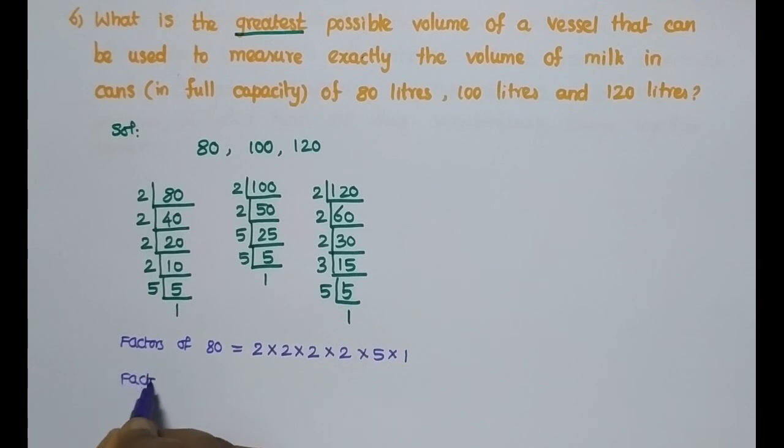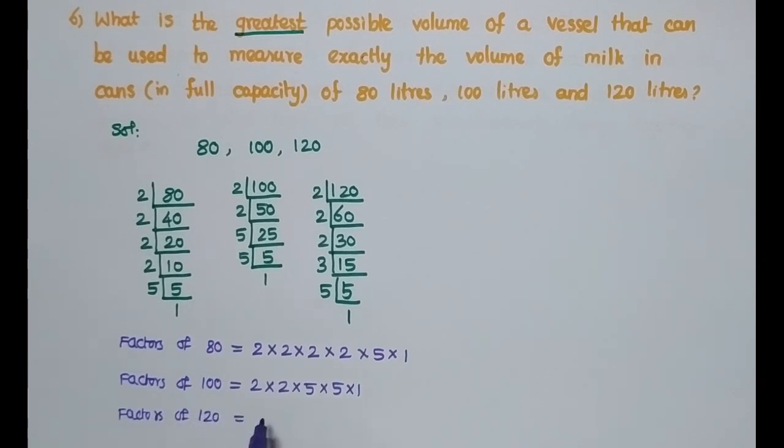Factors of 100 equal to 2 into 2 into 5 into 5 into 1, and factors of 120 equal to 2 into 2 into 2 into 3 into 5 into 1.